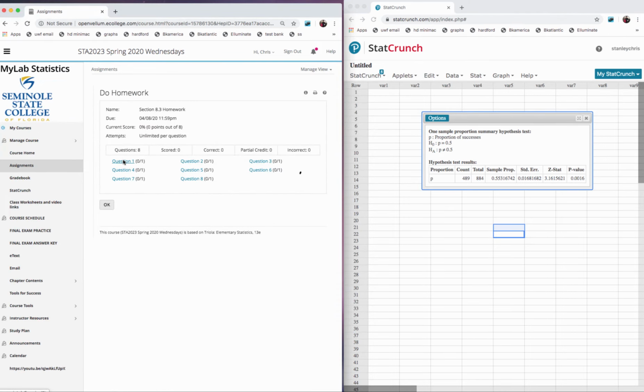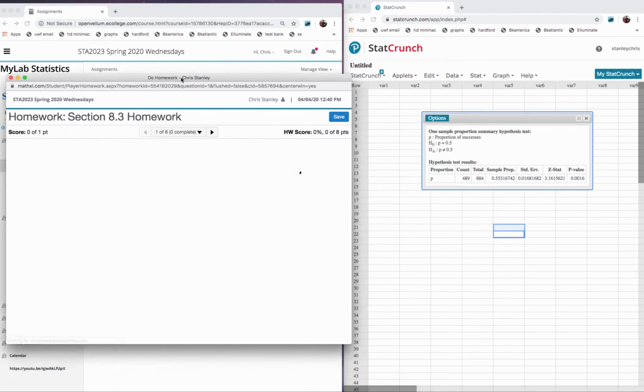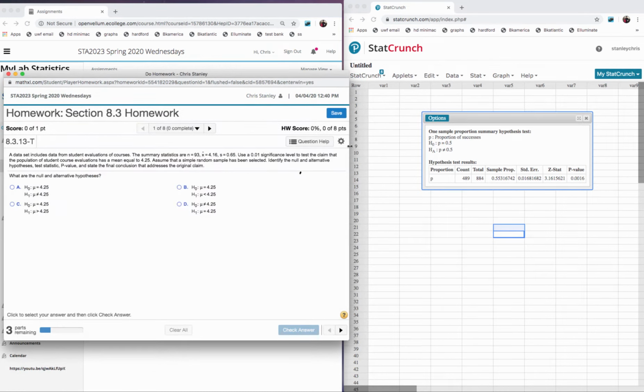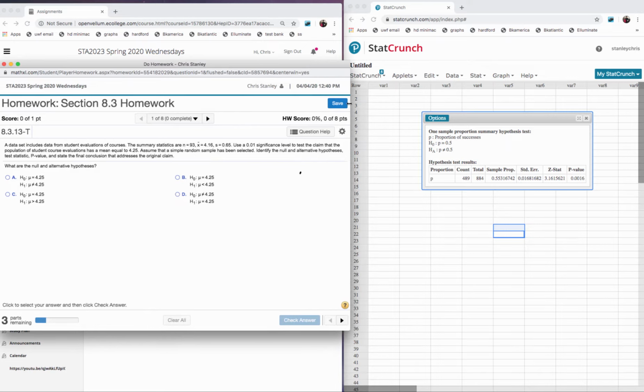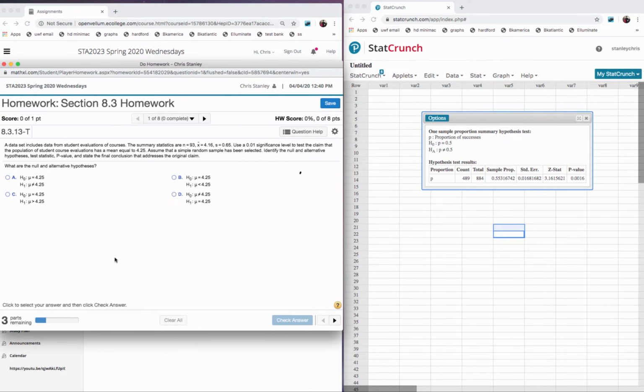Okay, 8 problems here. You definitely want to watch a video on this one because this one has a couple different buttons. 8.2 is all prop stat. These are about means. Okay, so they got this n equals 93. They took a sample. Make sure you pause and read the question and come back to it.